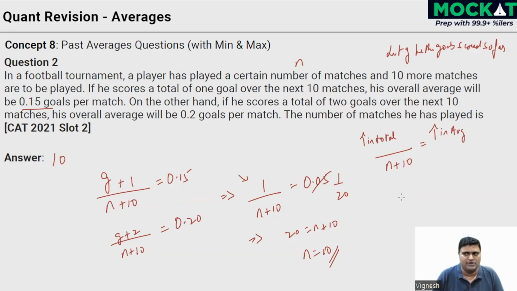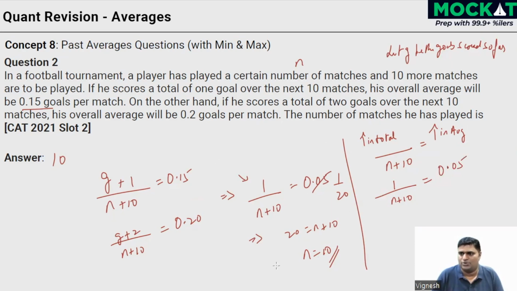If you conceptually look at it, increase in total, what happens? First scenario, you have one goal scored, it's 0.15 goals per match. Second scenario, you have 2 goals scored. Then compared to the first scenario, it's one extra. One extra goal, right, divided by N plus 10 should give me the increase in the average. 0.15 has become 0.2, which is 0.05.